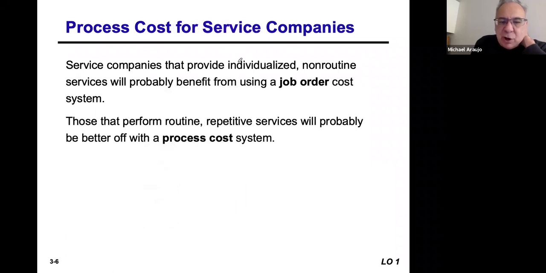Service companies also use process cost systems if what they do is repetitive. Okay, if what they do is repetitive. I'll give you examples of that. If you go to a Jiffy Lube, I know we have some Haviland oil changes, but Jiffy Lube and Haviland are basically the same. All they do is oil changes.